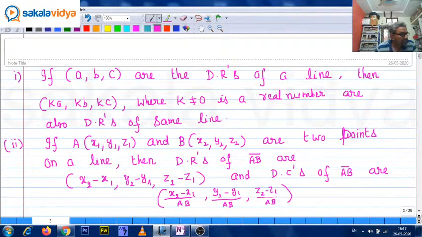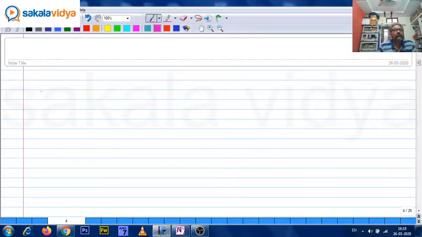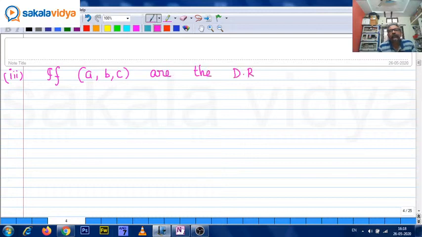Right. So now, next point, third point. If A, B, C are the DRs of a line, if the DRs of a line are given, then how to find the direction cosines of the line?